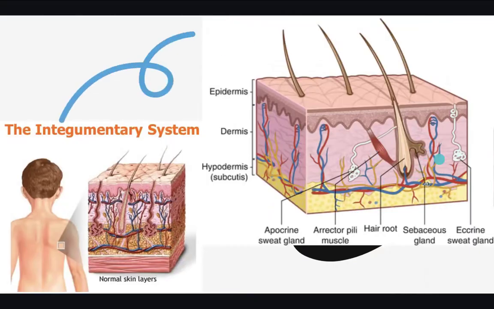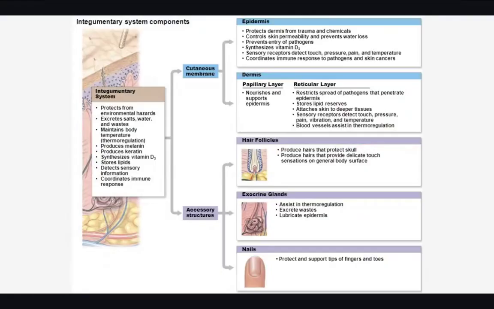In the dermis region, you have active sites because of the presence of nervous tissues and other important structures that would allow the skin to be responsive. Another one is coordination with immune response. Remember that our integumentary system also functions as our first line of defense against microorganisms. That's because of the secretion of the sebum and the sweat glands.